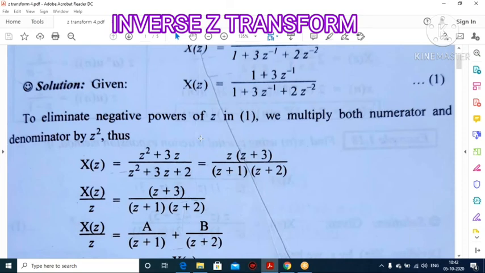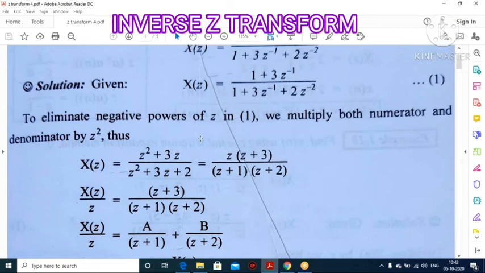Look at your given term. It is expressed in negative power, so I can change it into positive power. The procedure is to find the highest power of z.